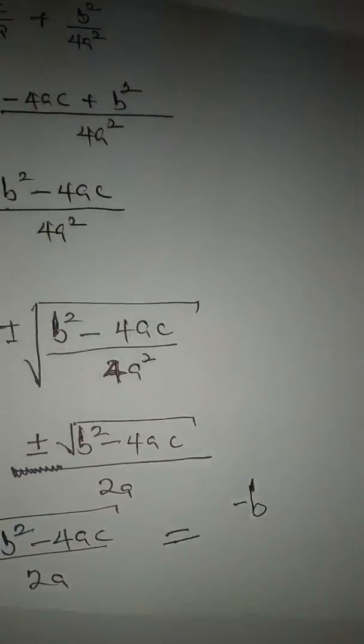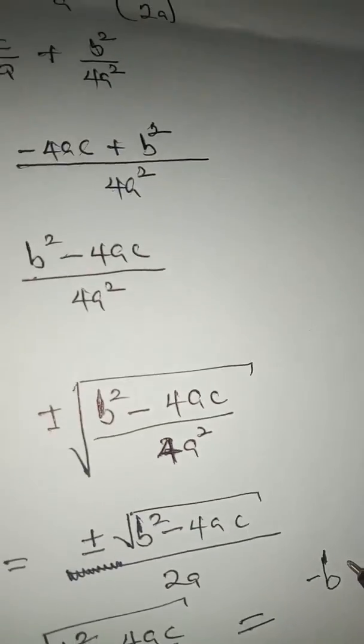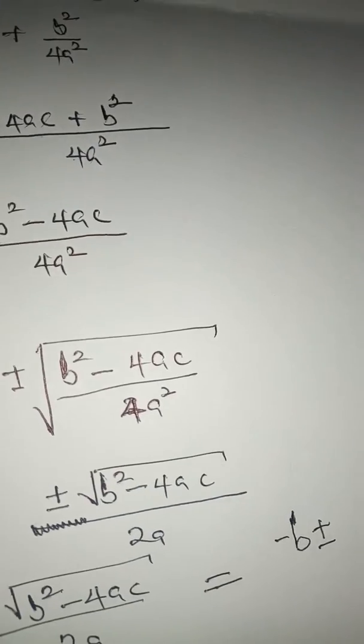Can you see that now? So we have minus b plus or minus the square root of b squared minus 4ac over 2a. So this is what we call the quadratic formula. This is what we know as the quadratic formula.